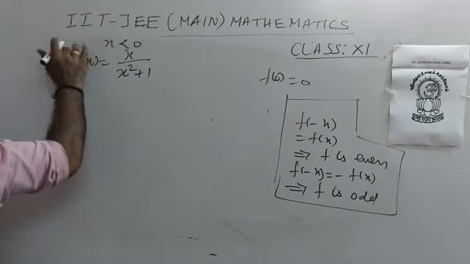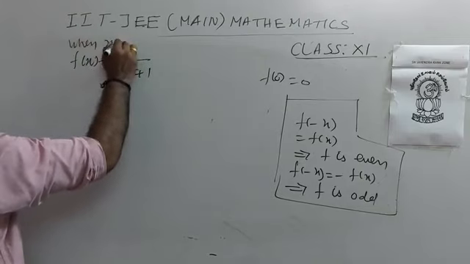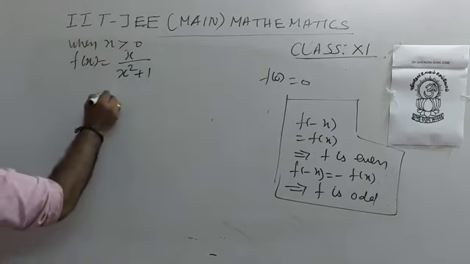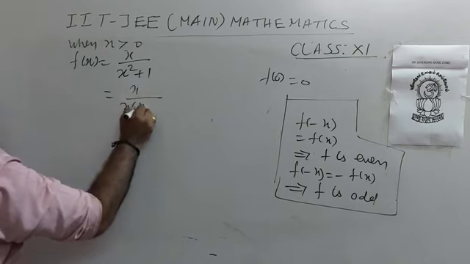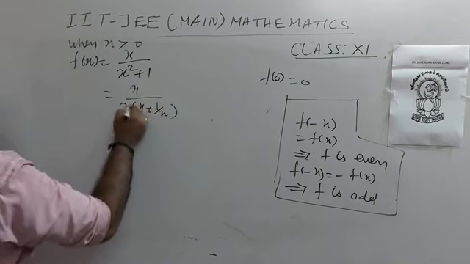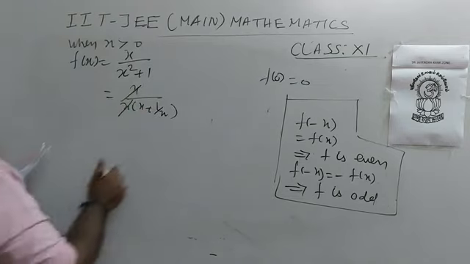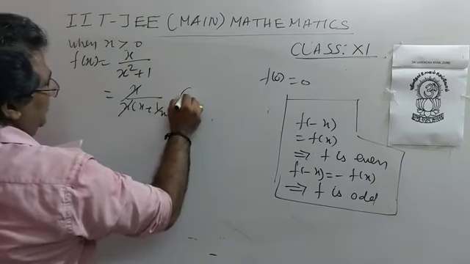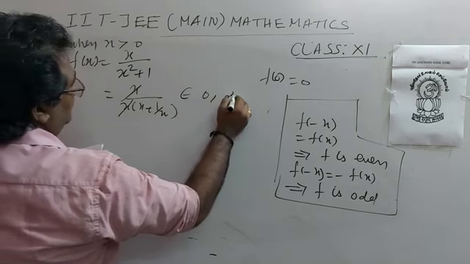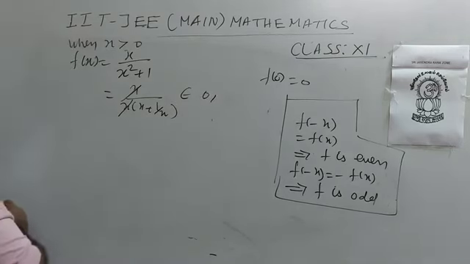So when x greater than 0, x by (x square plus 1) is positive, greater than 0, belongs to 0 comma something.